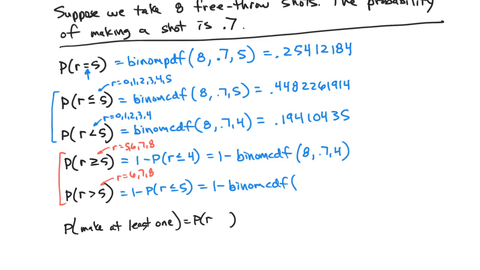Now this time, because they want the probability that r is strictly greater than 5, meaning the probability that r is 6, 7, or 8, which we can't find, we're going to find all the rest of them, 0 to 5. So that's going to be 8, 0.7, 5, because this will give us 0 to 5, right? Binomial CDF starts at 0, goes to 5. This starts at 0, goes to 4.